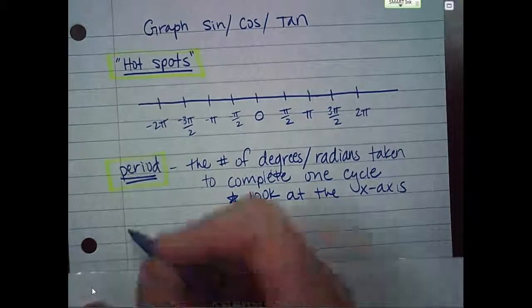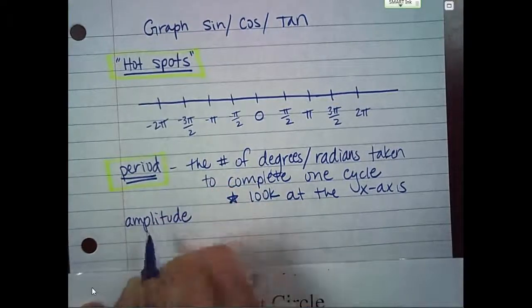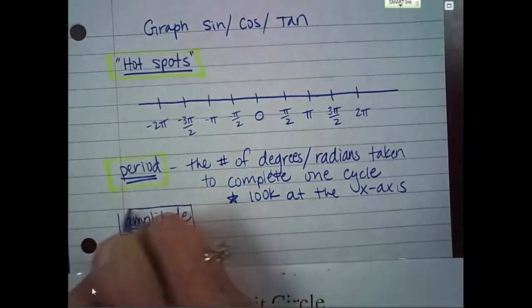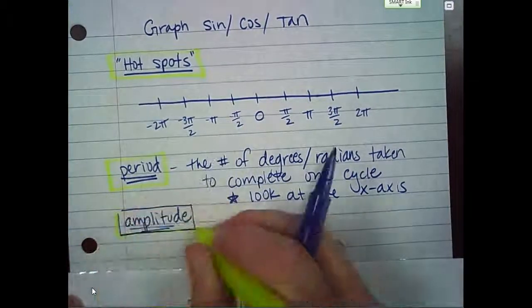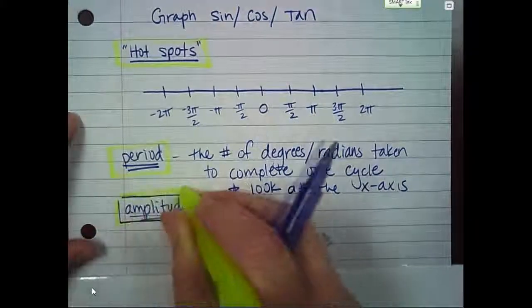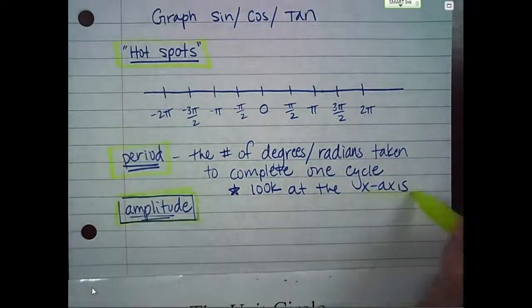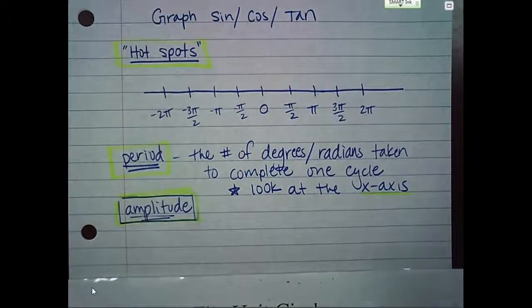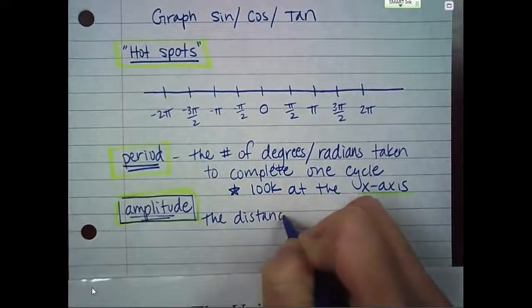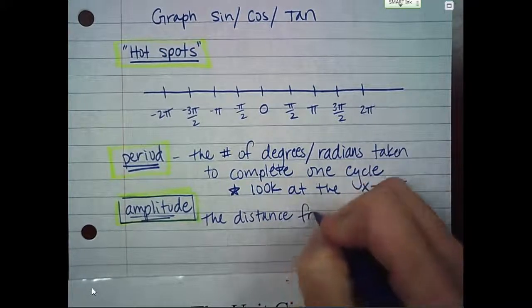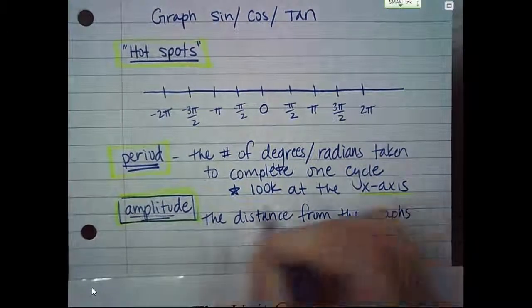Okay, your next vocabulary word is amplitude. It's a distance from the graph's x-axis.